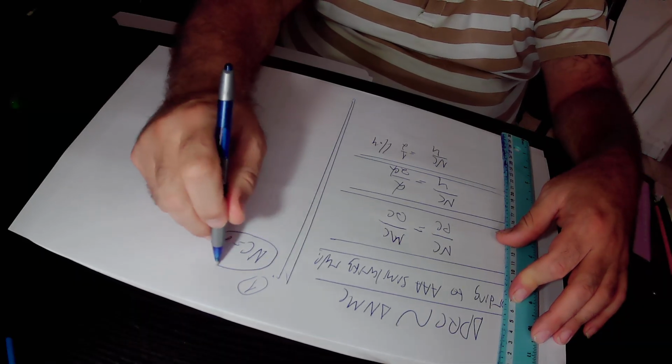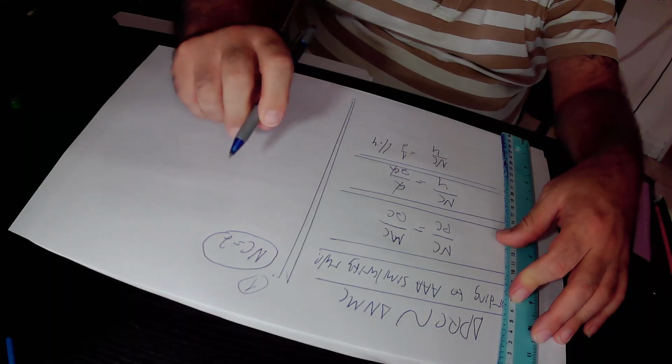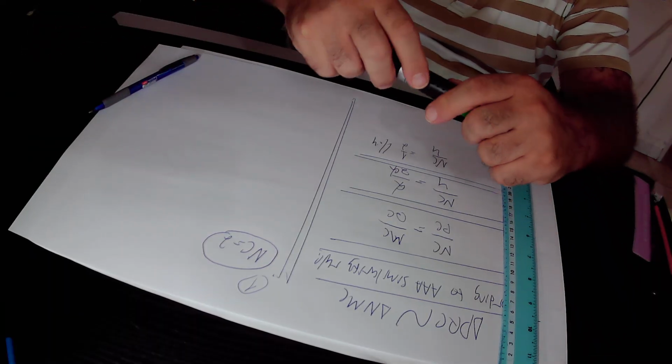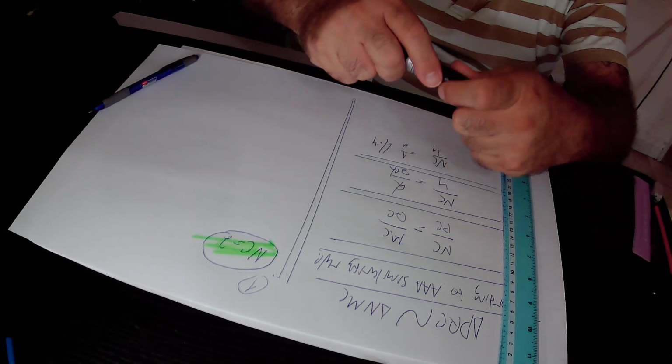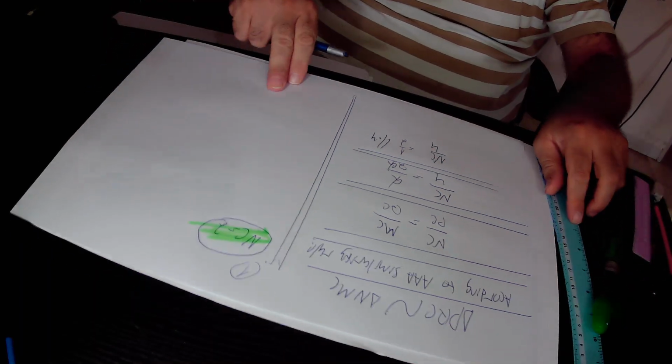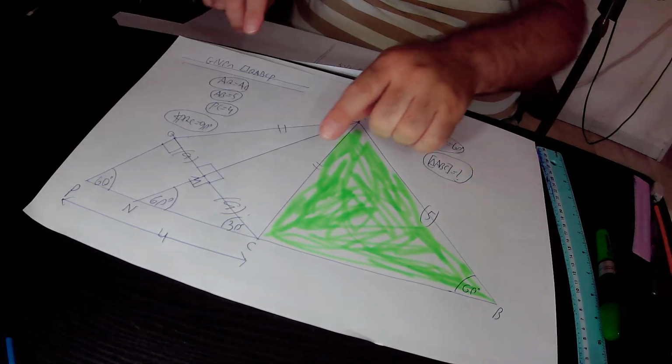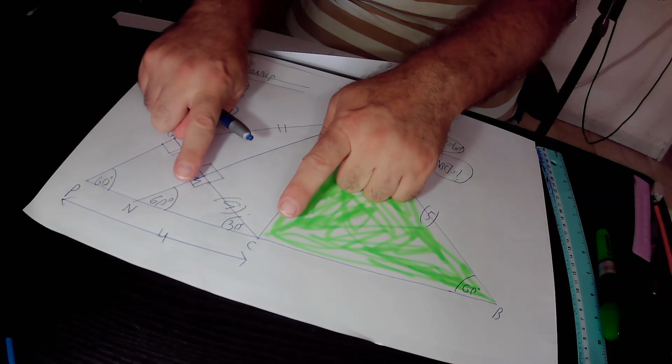NC equals 2 units in its length. This is the missing side NC, that equals 2 units in its length.